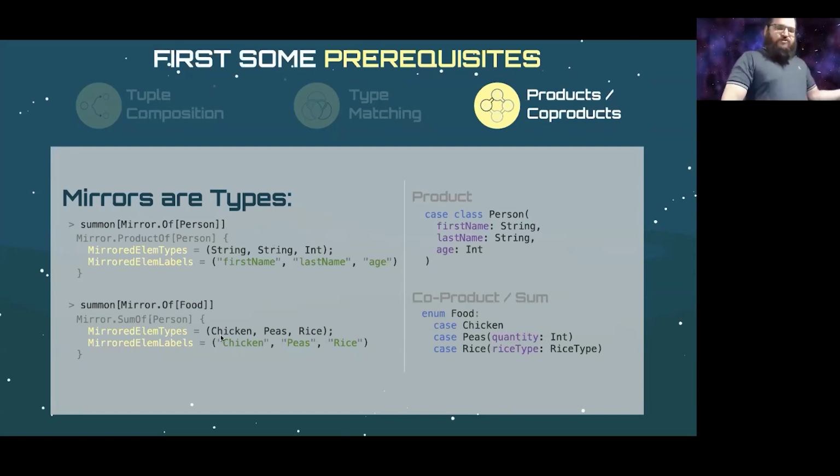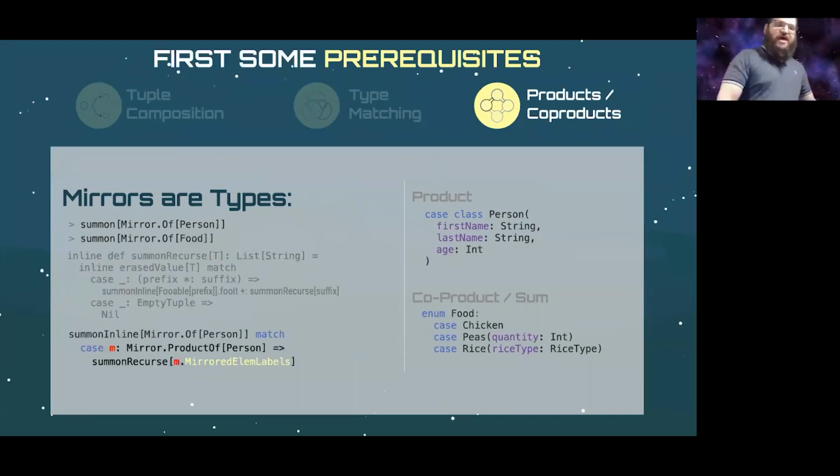The same thing for a coproduct. The element types will tell us all the possible things that coproduct can be. So this food can be 3 kinds of things. So the mirror has the 3 kinds of things that it could be as a tuple. What we can then do is summon these products and coproducts and put them into recursive functions that use the consing operator and summon a type class for every single one of them.